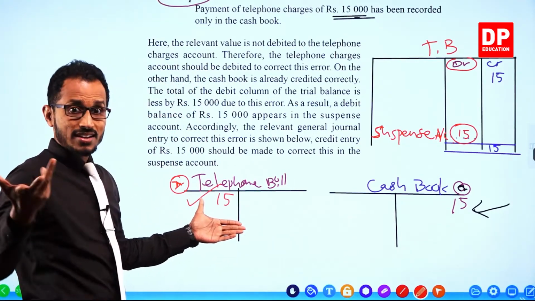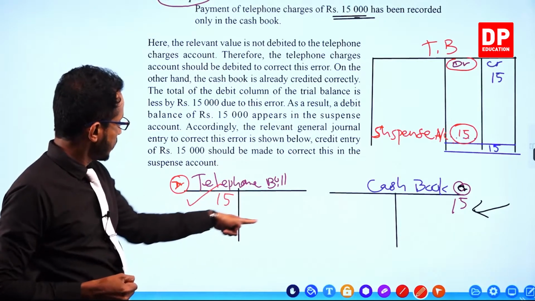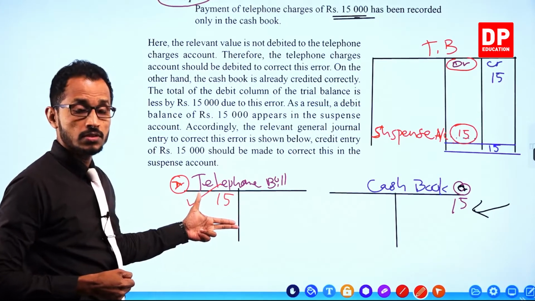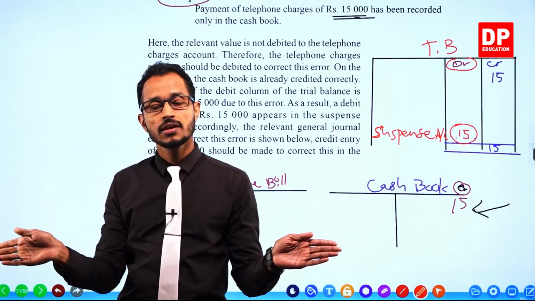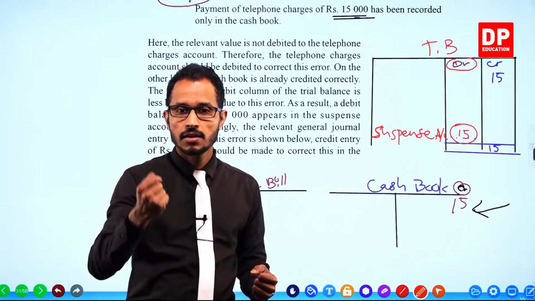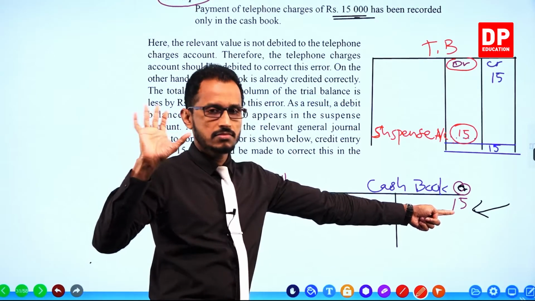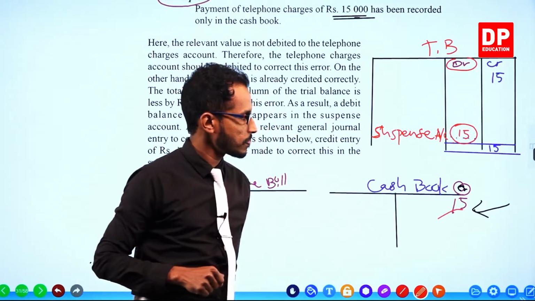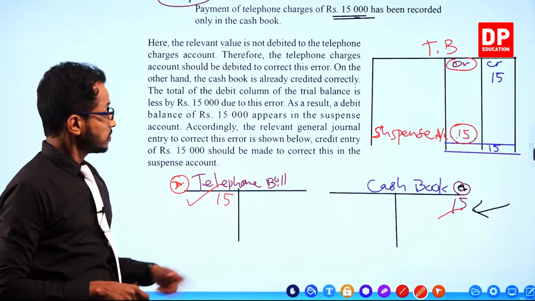Double entry. Where is the double entry? We have only one entry. We debited the telephone bill, 15,000. Where is the credit entry? You can't put it to the cash book. Cash book is already recorded. That's right.